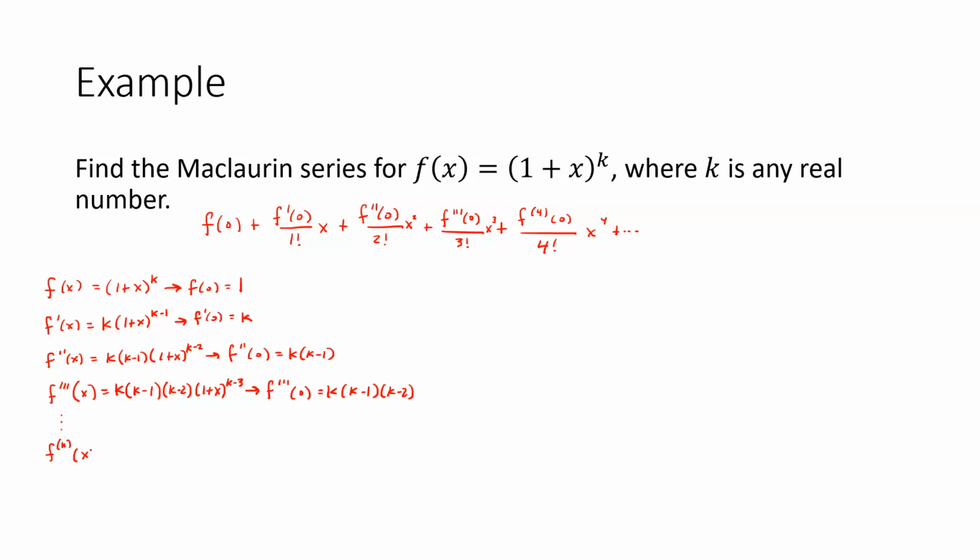So what would be the nth derivative? Well, it would be k times k minus 1, k minus 2, down to k minus n plus 1, times 1 plus x to the k minus n.